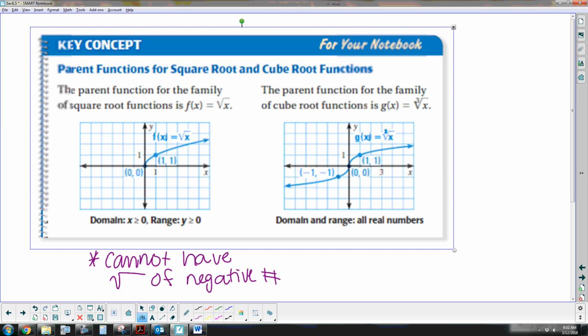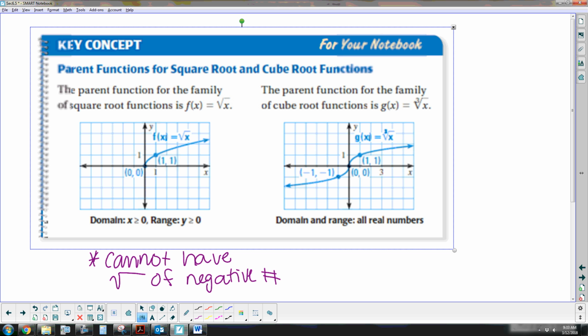If you tried taking the square root of a negative number, you would end up with an imaginary number, and imaginary numbers are not in our graphing domain. We cannot graph an imaginary number, so we're looking at real numbers in this lesson.